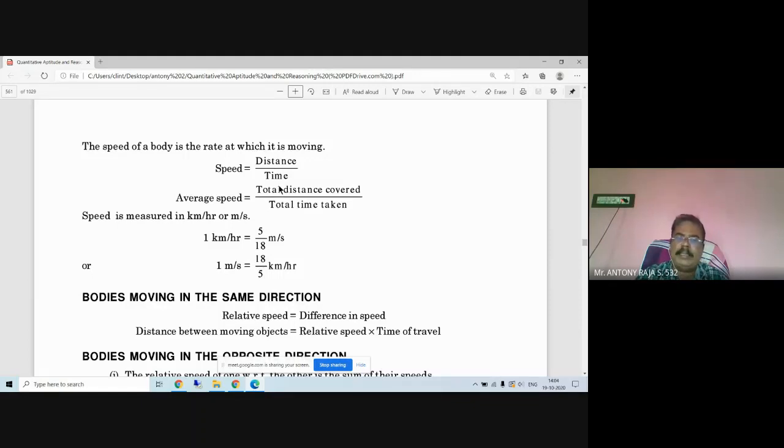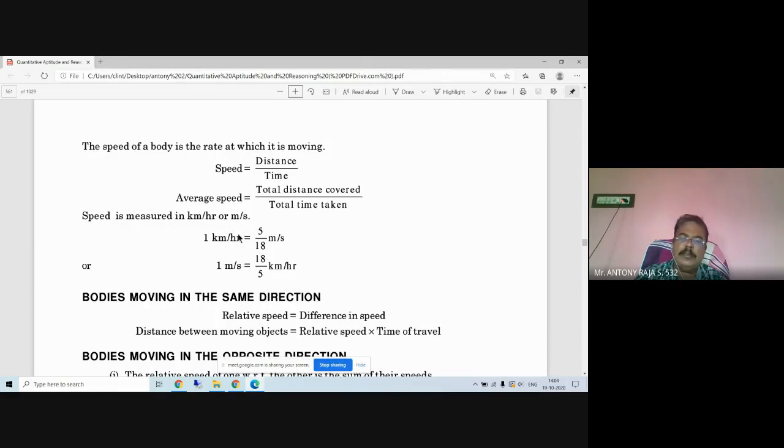The meter per second is a very small unit for speed, so it is expressed in terms of kilometer per hour. You know that 1 kilometer is equal to 1000 meter. We know that 1 hour is equal to 3600 second.